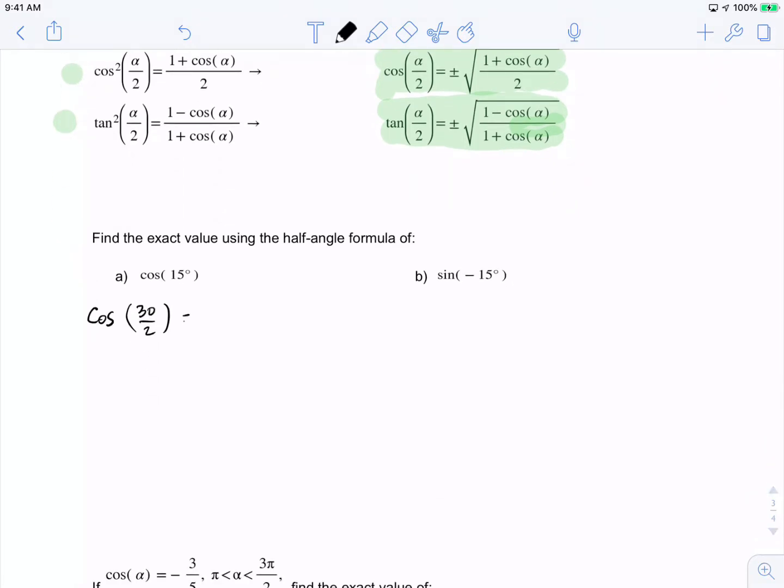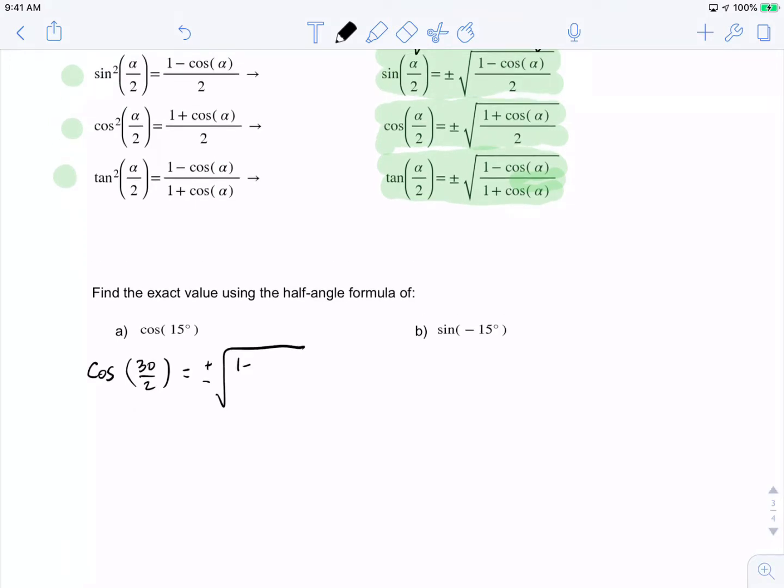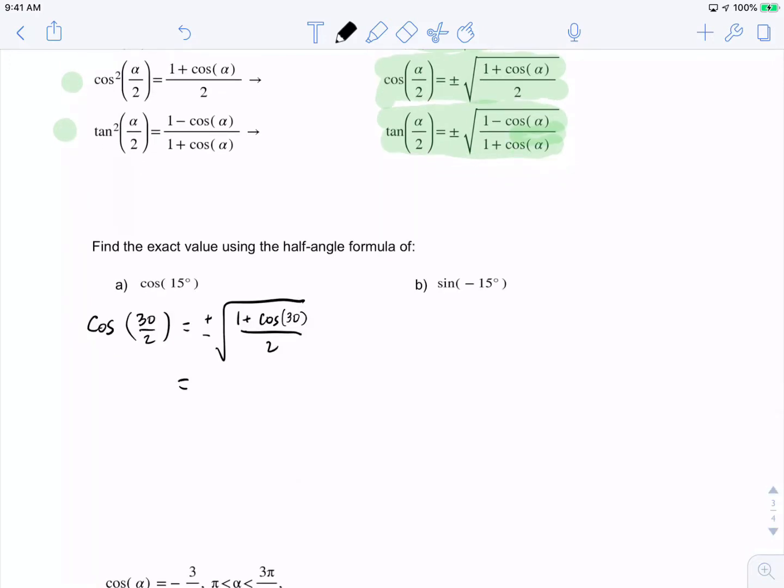So this is going to be plus or minus the square root of 1 plus cosine of 30 degrees over 2. Well, 15 degrees puts us in the first quadrant, and cosine's positive in the first quadrant. So we're going to be positive. 1 plus, and then cosine of 30 is radical 3 over 2, over 2.